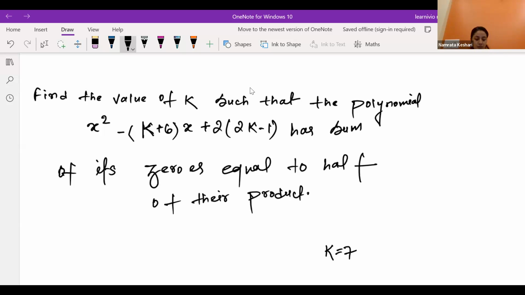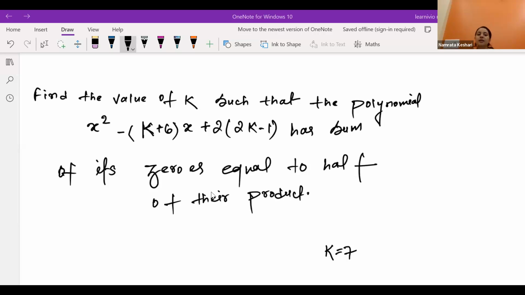Yes, rest of the students, are you getting the same? Okay, Ibad is also getting 7. Okay, let's check it. Is it 7?